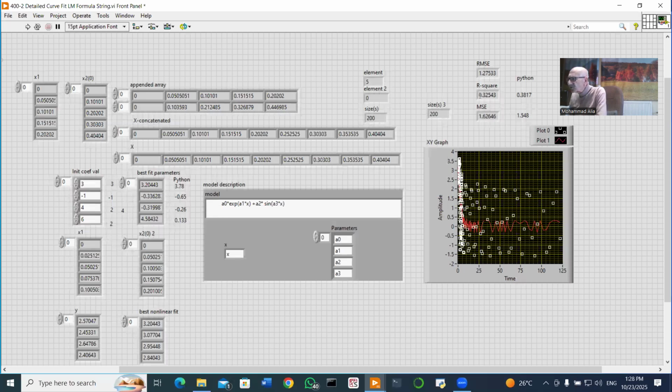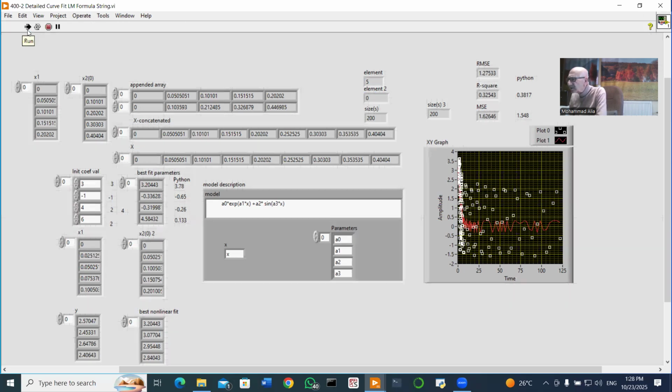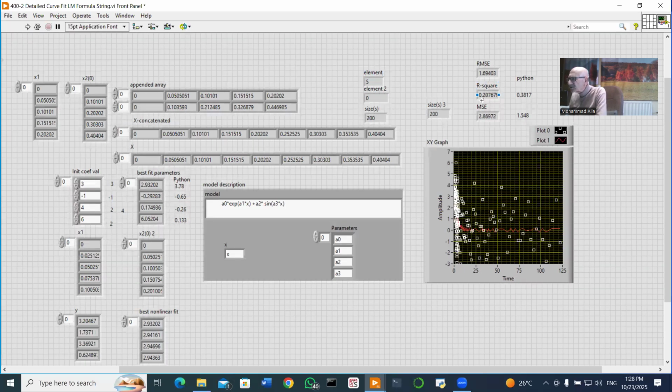Now it is 0.325. If I run it now, it will be smaller. As you see, 0.205. The level of the noise increased, the accuracy of the system decreased, and really it is now different than the result which we have got before by using Python.